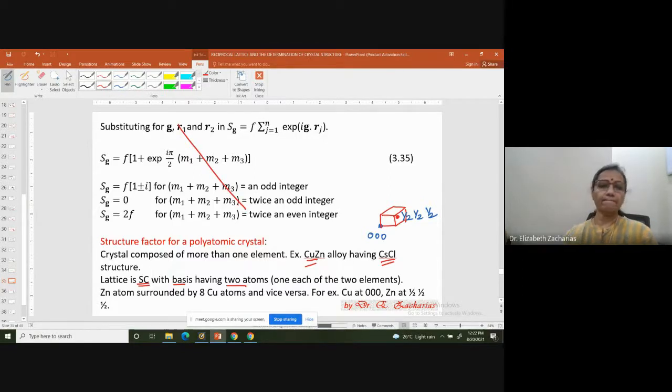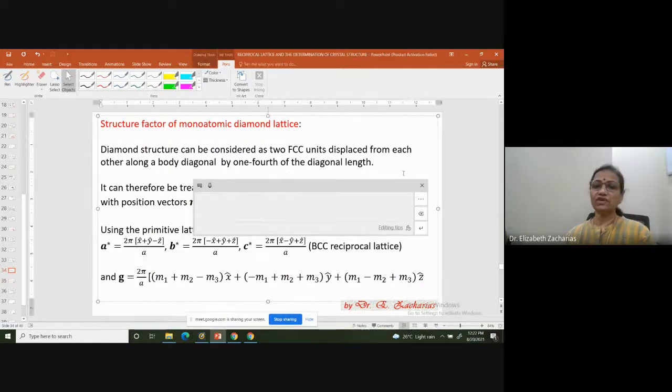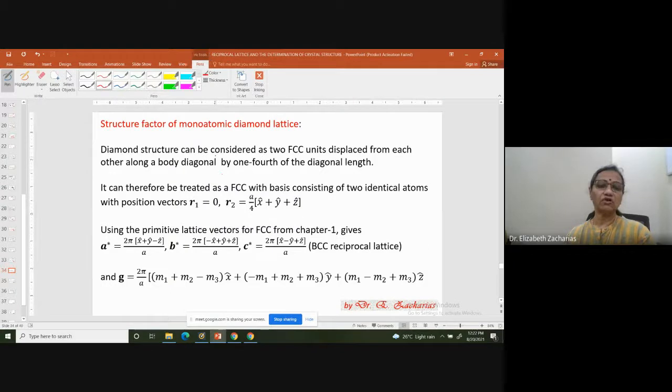I wrote it, but I am thinking that you will find it very tough, so let's not bother with it. For the diamond structure, you know how the atomic spacing will be: it's actually two FCCs displaced by a quarter body diagonal with respect to each other. Slightly tough for you to understand, so let's just leave that. If you're able to write the other basic things in an examination, that itself is a big thing for me.